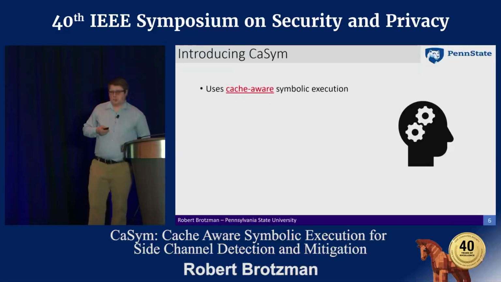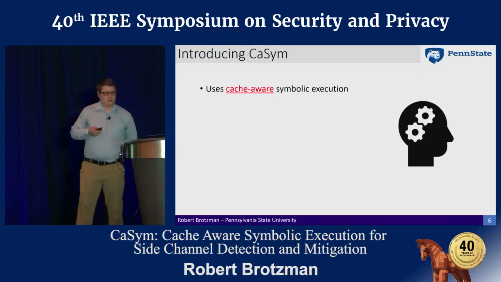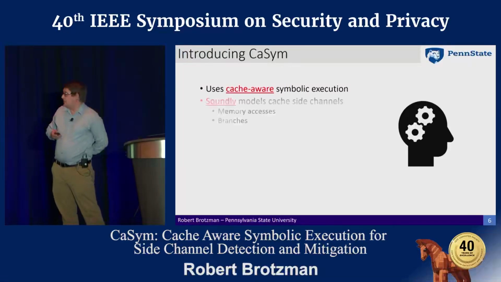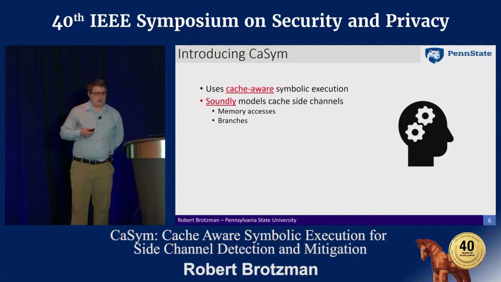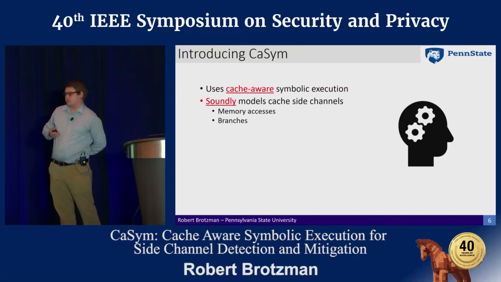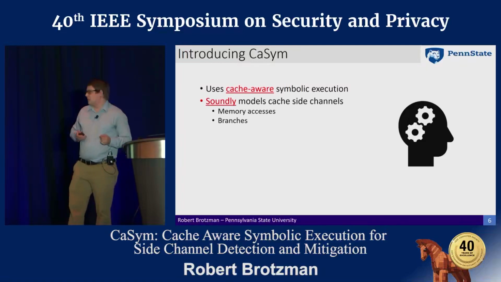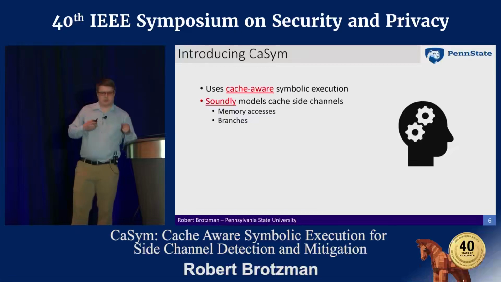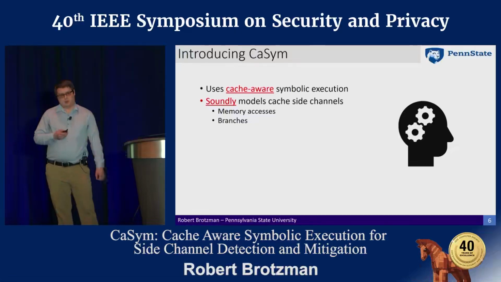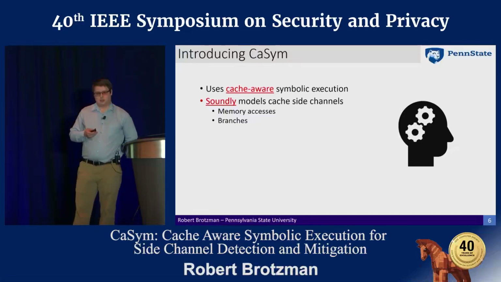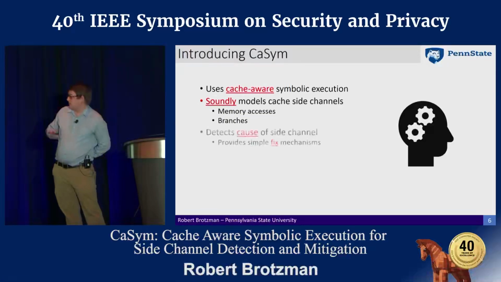So that's where our work comes in. We propose using cache-aware symbolic execution. We're able to soundly model cache-based side channels, so those resulting from memory accesses where the memory address is computed from some sensitive data, and also branches where the condition is tainted and the different branches will access different data.